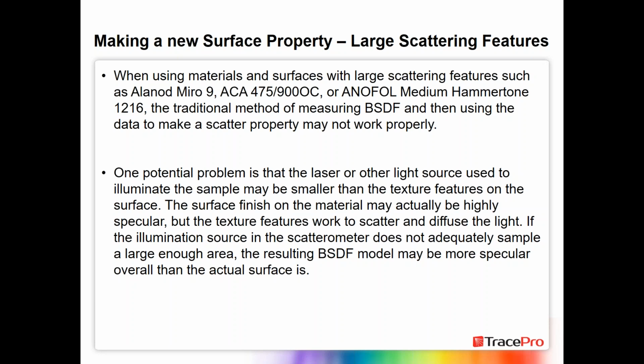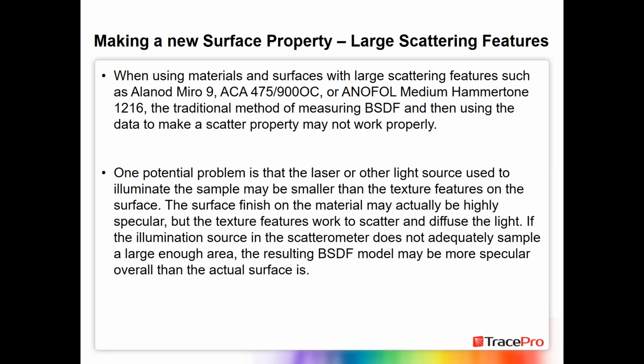But when you're using materials or surfaces with large scattering surfaces, such as Alanod Miro 9, ACA 47900 OC, or Anifol medium hammer tone, the traditional method of measuring BSDF and then using the data to make a scatter property might not work properly. The main potential problem is that the laser or the light source used to illuminate the sample is typically going to be smaller than the size of the texture features.